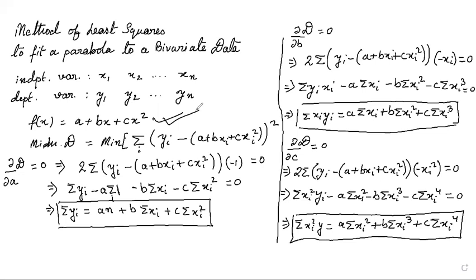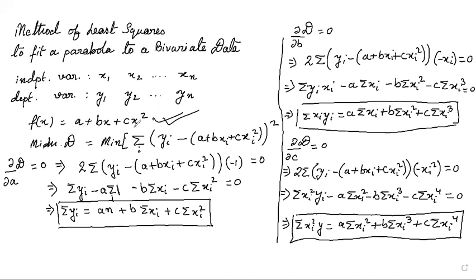After getting the normal equations, our task is only to find the unknown quantities, a, b, and c, whatever they may be. Solving the normal equations, we can obtain the values of the unknown quantities, and then putting in the values, we get the required curve.